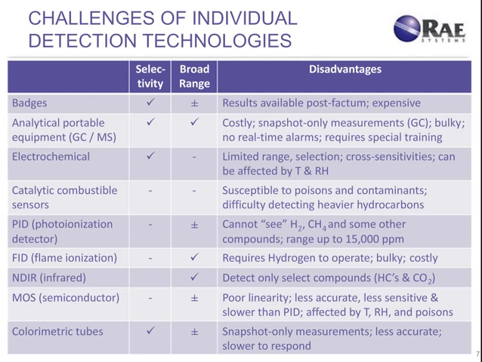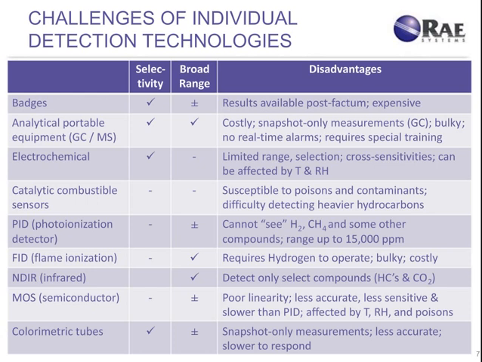Photoionization detectors are another example of a broadband sensor that does not provide a selective measurement of a gas. Rather than saying, this is what I see, they say, I see something. But they can see a very wide range of different compounds. In terms of the measurement range, they're fairly broad.